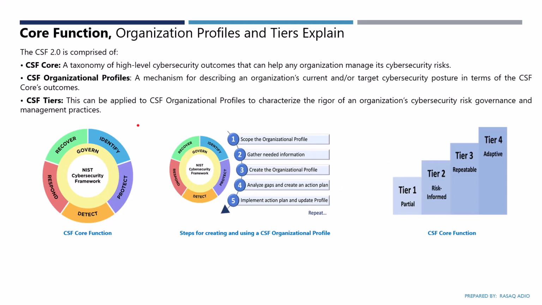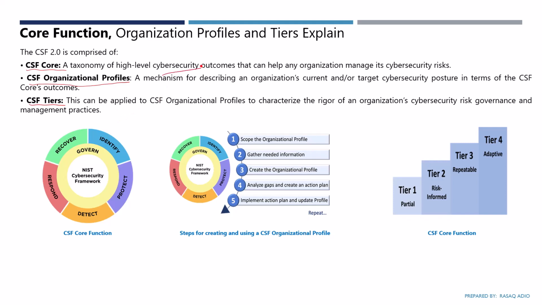And what we have discussed earlier is that this 2.0 comprises three things. The first one is what? The CSF Core, the core functions that we just discussed. Then it also contains the CSF organizational profiles, and then it also contains what? CSF Tiers. So let's take them one after the other.